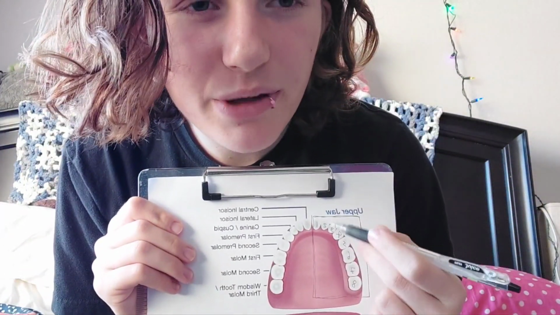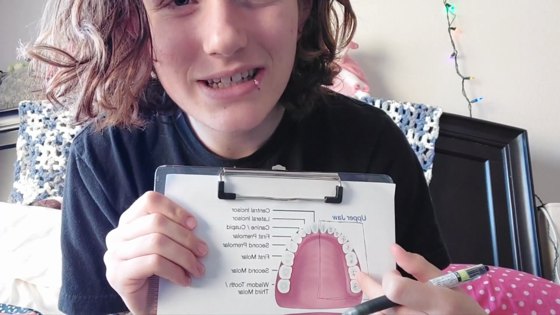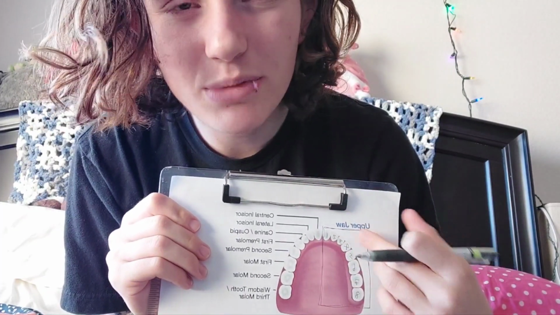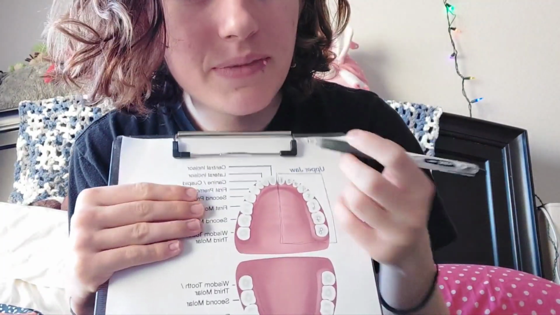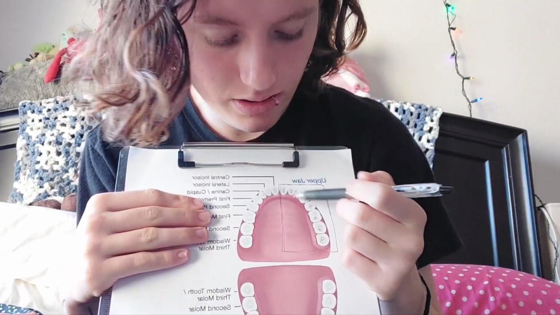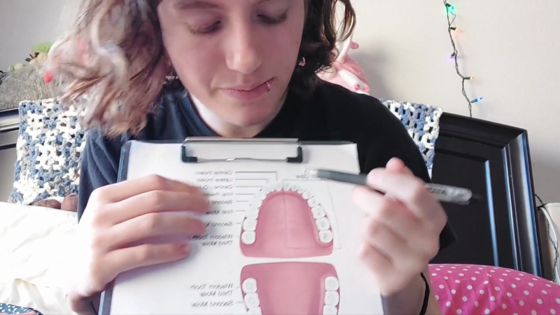So starting with the first one. I've just numbered them in no official or particular order. It's just so I can more easily reference which one I'm talking about for you. Okay, and so this first one right up here, that is the central incisor.